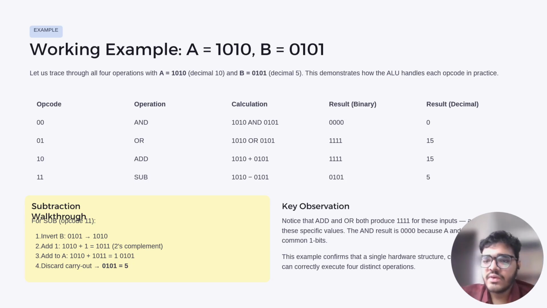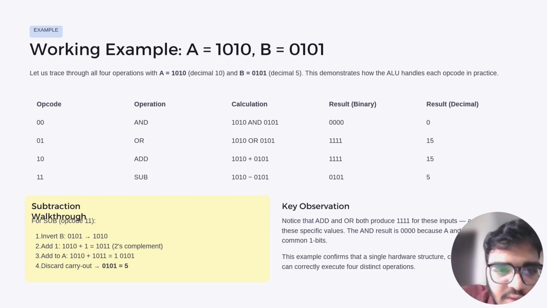So 1, 1, 1, 1, we will get 15. Now add, OP code 10, we will add both numbers. So 1010 plus 0101, we will get 1111 as well. So the output will be 15.